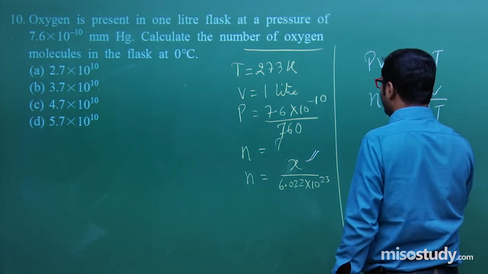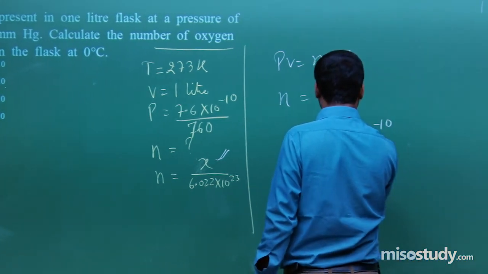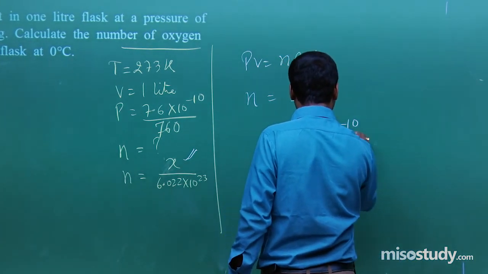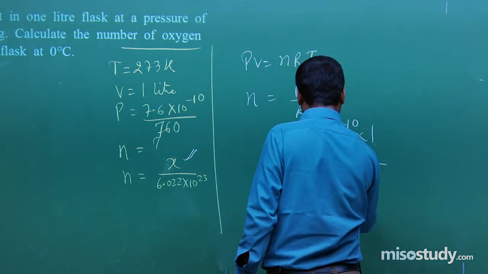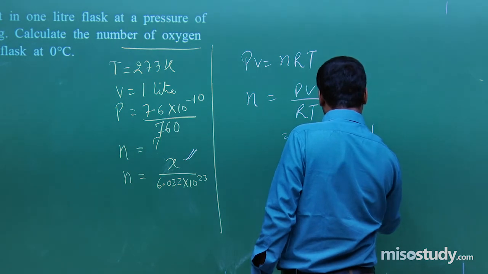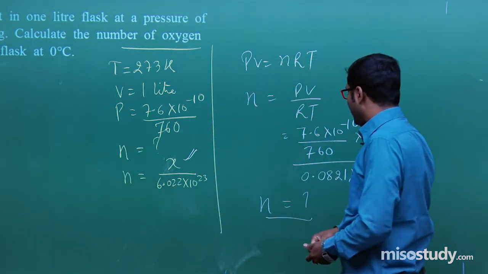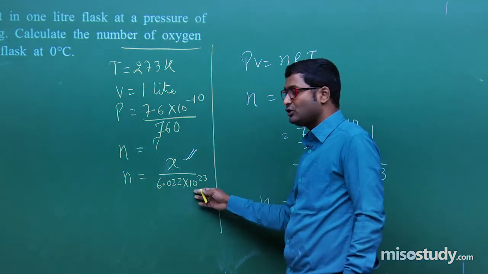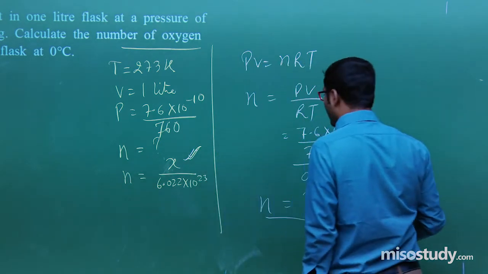What is the value of P? Put here 7.6 into 10 to the power minus 10 upon 760. What is the value of V? That is 1. What is the value of R? 0.0821, and T is 273. You can easily find the value of n. Now multiply by 6.022 into 10 to the power 23. You can easily solve for x.